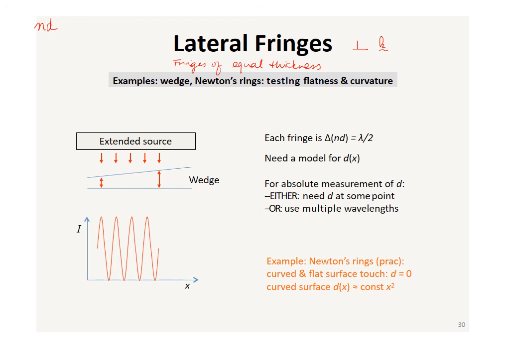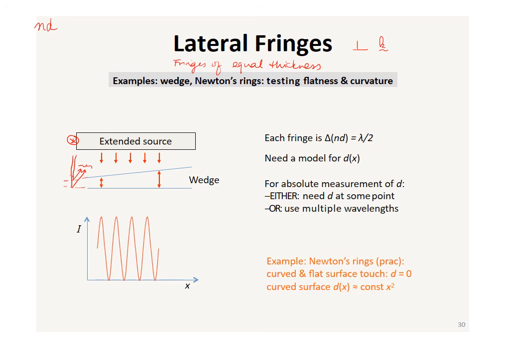Now, just as before, when we were looking at our thin films, we have light incident normally. Some of it was reflecting off the top surface, and some of it was transmitted through the top surface and reflected off the back surface, and these rays were interfering.